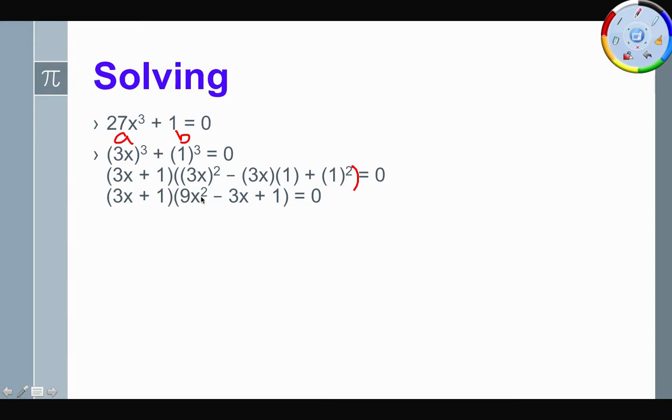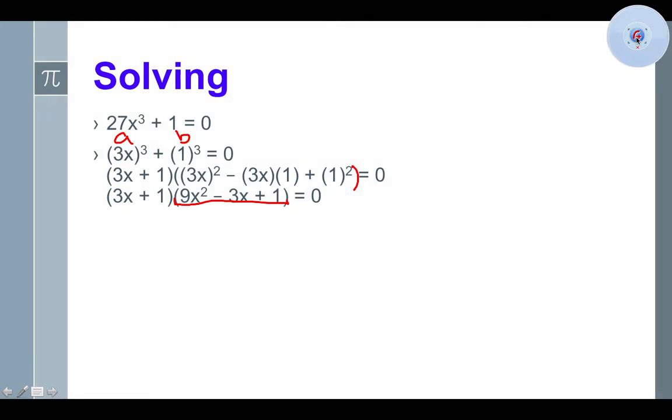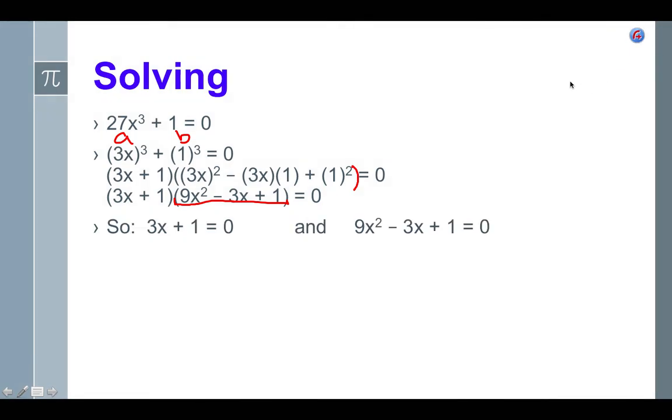Simplify that down to the product of two things equaling 0. Now, this quadratic does not factor, but we know how to solve a quadratic that's not factorable. And one of the properties that we learned in the last chapter says that if we have two things multiplied together that equal 0, we can set them both equal to 0 separately.